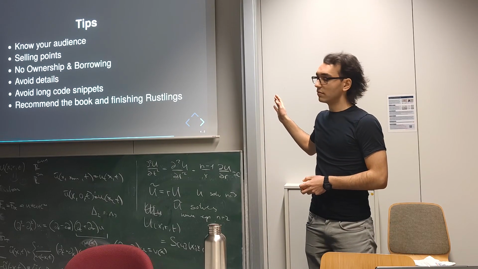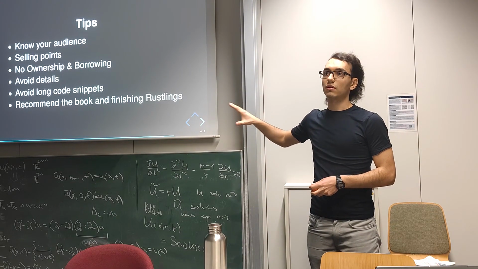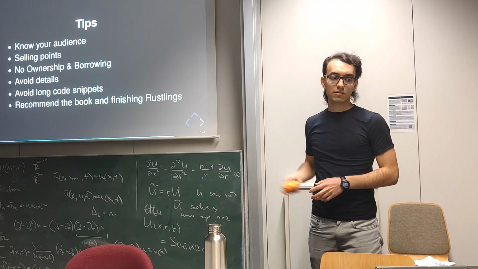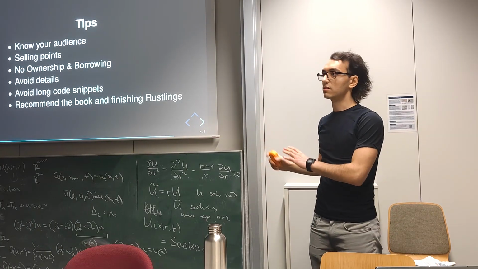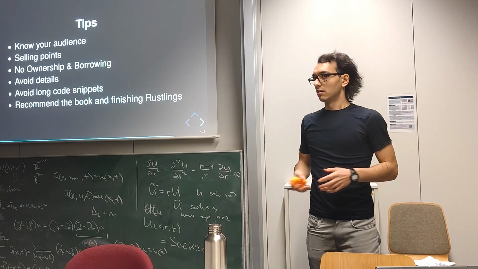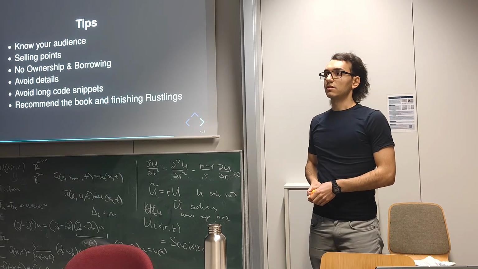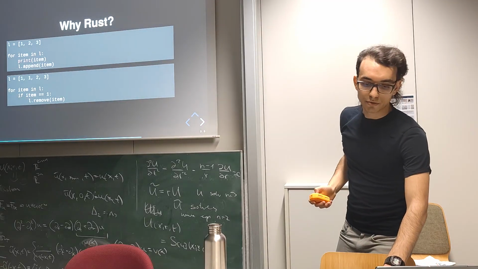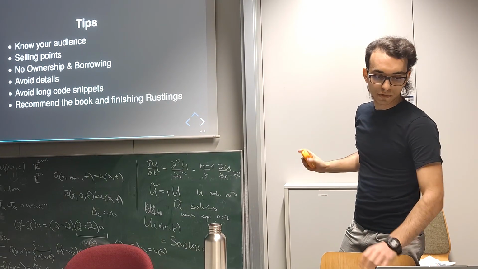So for this case, refer to the chapter in the book and tell people that they need to do that at home. Trust me, it's much better than explaining things and leaving people with a wrong association.